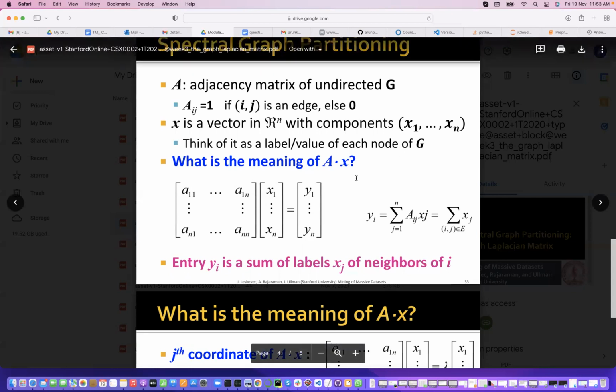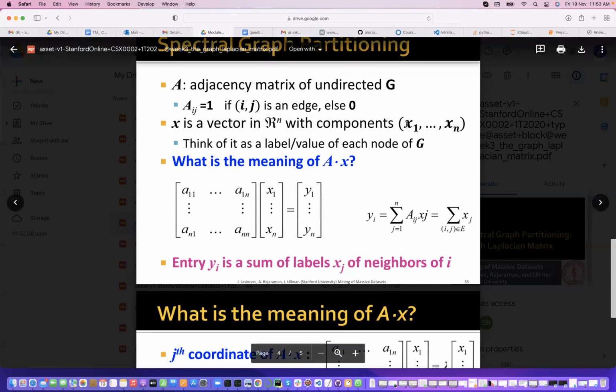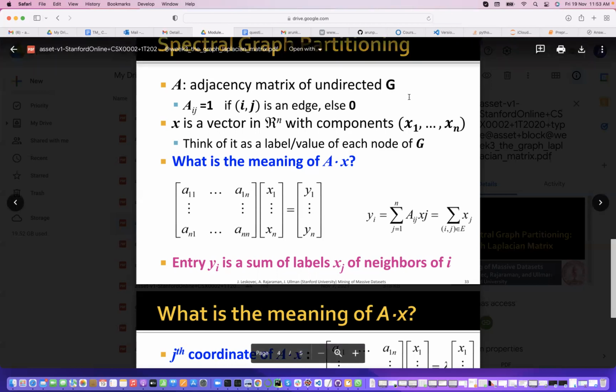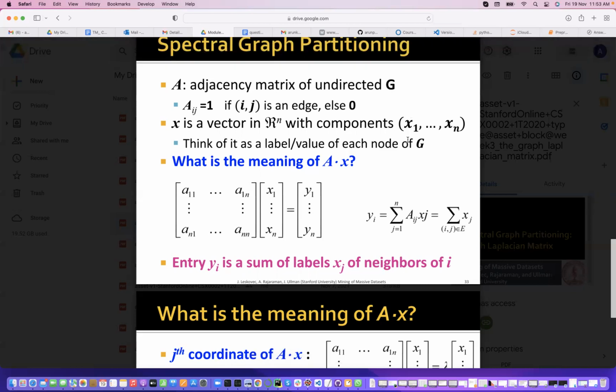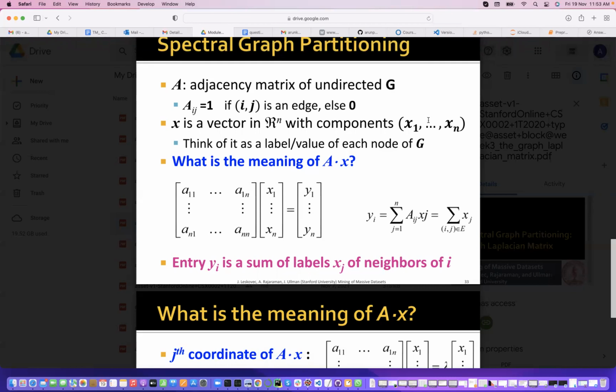What is the meaning of A dot X? We don't know yet what these values are. They may be labels, meaning 0s or 1s, or they may be real values for x1 to xn. So you assume some value is attached to each node in G, and all the values are represented as a vector. x1 is the value of node 1 in G, x2 is the value of node 2, and so on. They may be real values, or simply binary values 0 or 1 if they are labels.